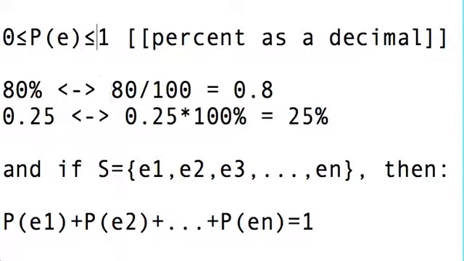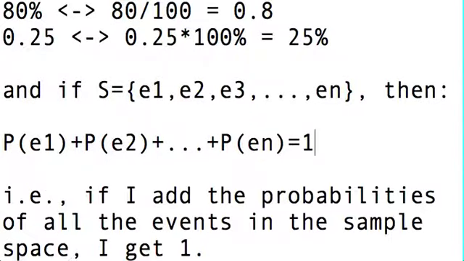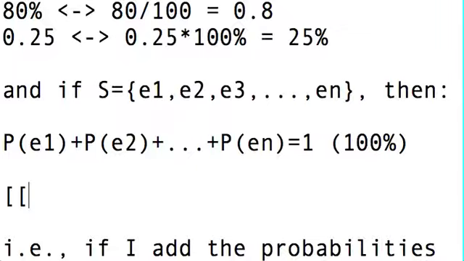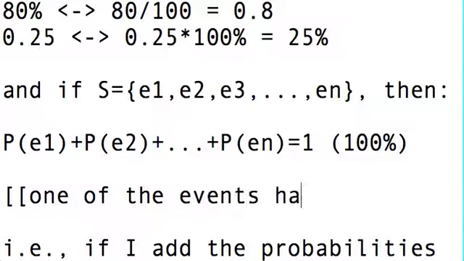So we're thinking of the percentage as a decimal, and although percent is a nice intuitive thing to work with, we prefer decimals because it actually makes arithmetic with probability easier. Now this then means that the sum of the probabilities is 100%. The reason that the sum of the probabilities is 100% is one of the events has to happen.